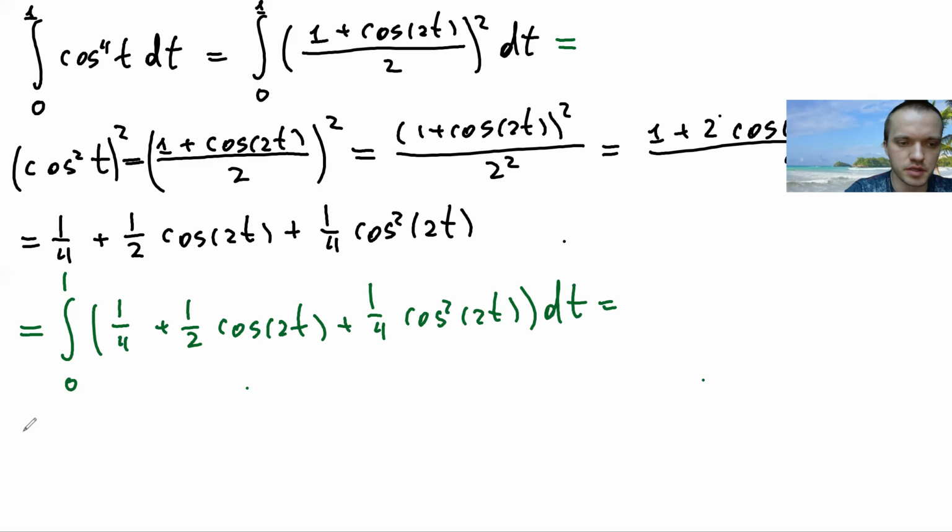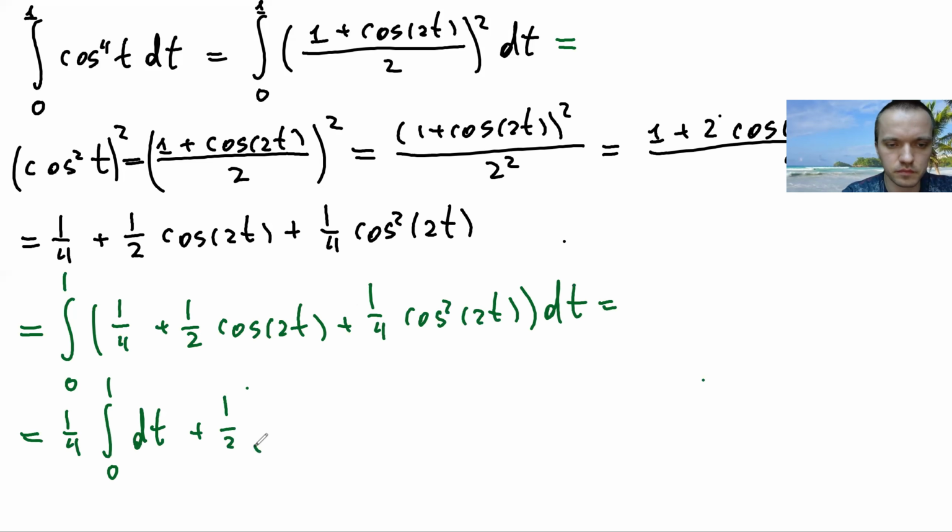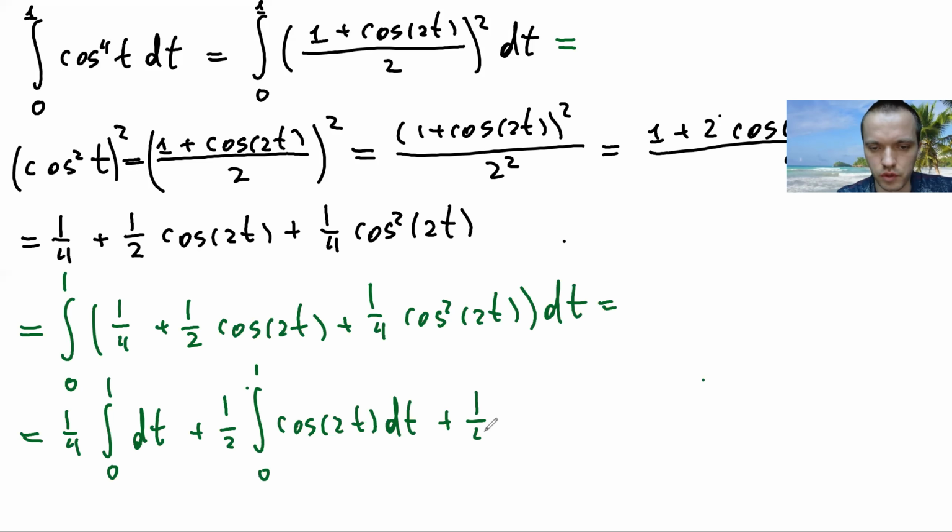This is the same as 1/4 times the integral from 0 to 1 of dt, plus 1/2 times the integral from 0 to 1 of cosine of 2t dt, plus the integral of 1 over 4 from 0 to 1 of cosine squared of 2t dt.